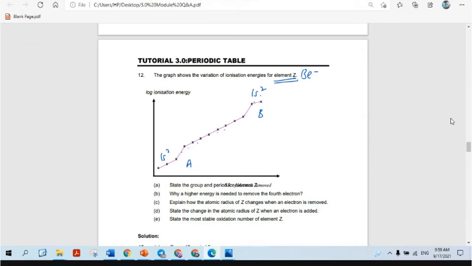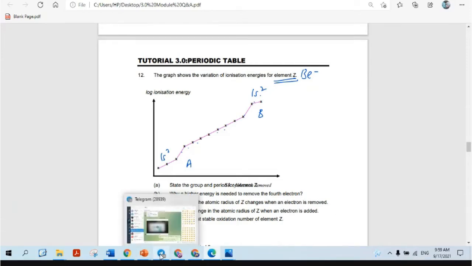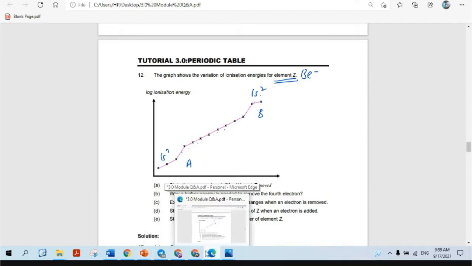A or B? Everyone please write your answer over the comment, A or B.